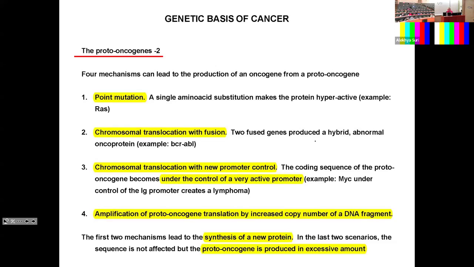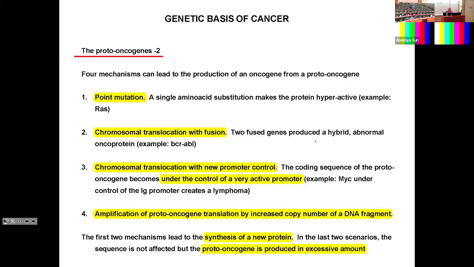So when you have a translocation in this cell, unfortunately a chromosomal translocation, MYC, which we said is a proto-oncogene, is being put under the control of the immunoglobulin promoter. That is very strong, right?